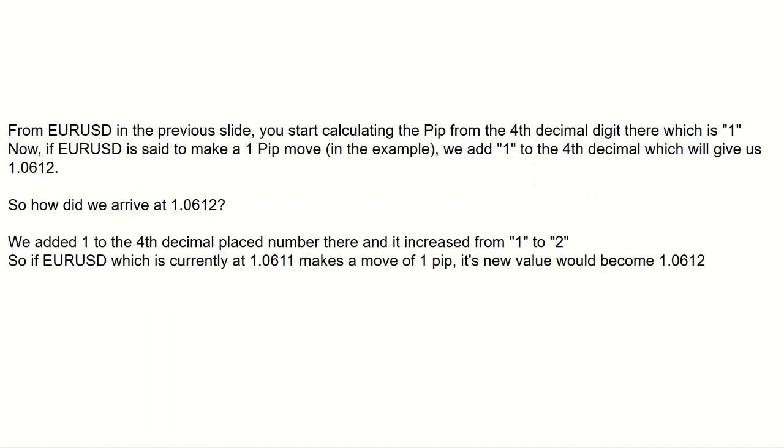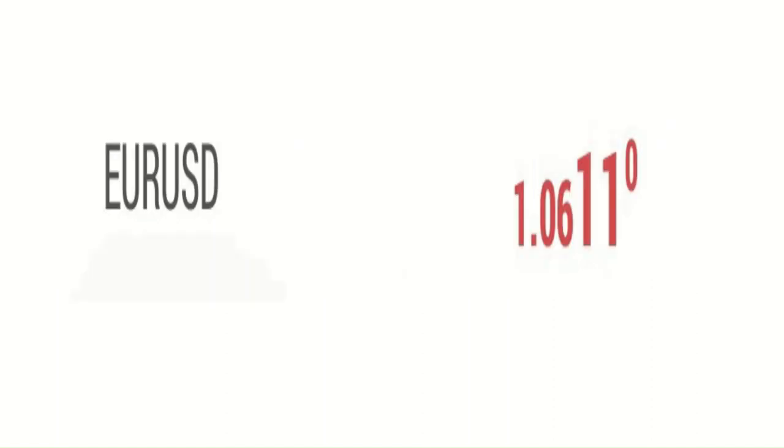So how do you calculate it? Now, if EUR/USD is set to move a pip, it means it moved by 1 pip. Then we add 1 to the fourth decimal place, which gives us 1.0612. If we go back, you can see it was previously 1.0611. But if it moves by 1 pip, it means we are going to add 1 to the fourth decimal place.